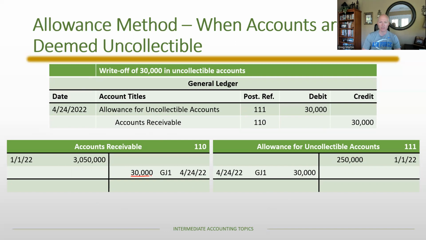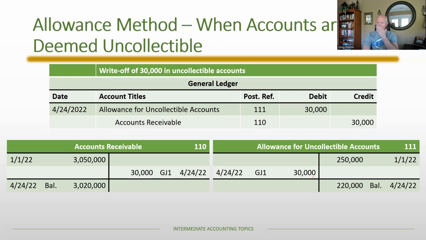So we're going to credit the receivable $30,000, and we're going to simultaneously reduce our allowance account. And so then the new net for each: on 4/24/2022, the gross receivables are now $3,020,000, and the allowance account balance is $220,000. All right. Hopefully that makes sense.